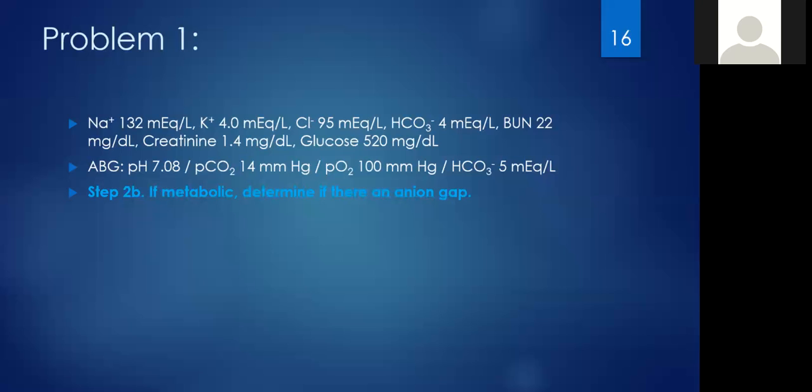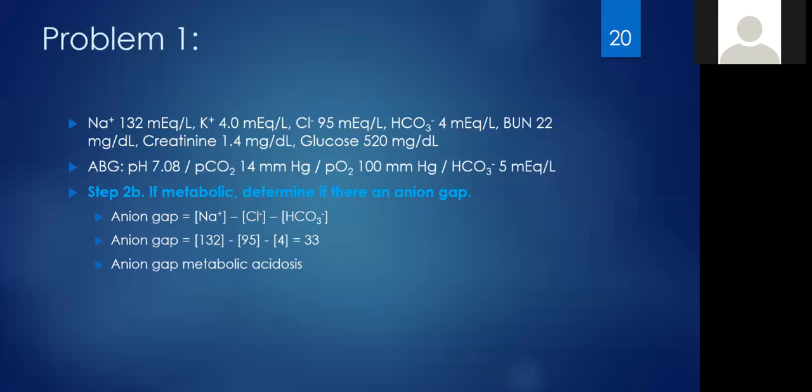So moving on to step 2B, if it's metabolic, the first thing you have to do is determine if there is an anion gap. So remember, our anion gap is our sodium minus our chloride minus the bicarb. So in this case, it's 132 minus 95 minus 4, which gives us a gap of 33. So normal is 12. So in this case, you have an anion gap metabolic acidosis. Okay, but you're not done.